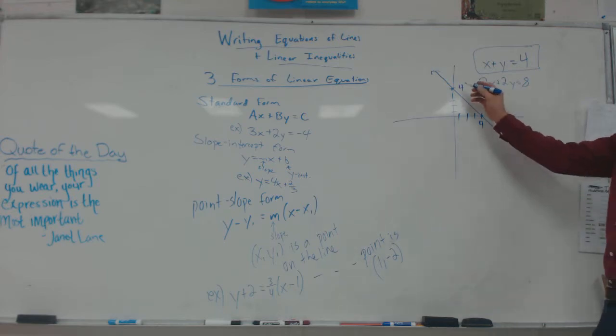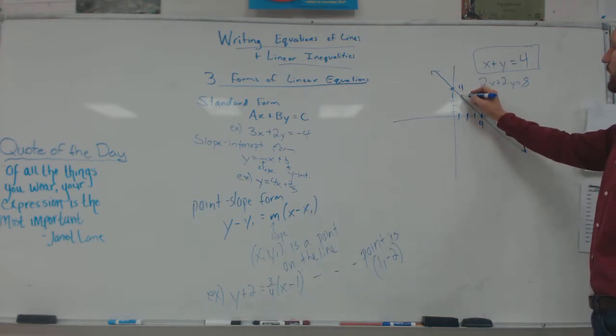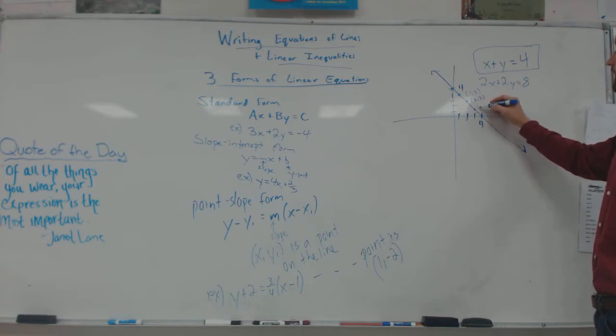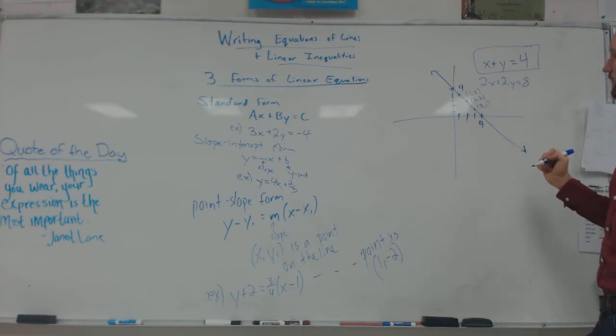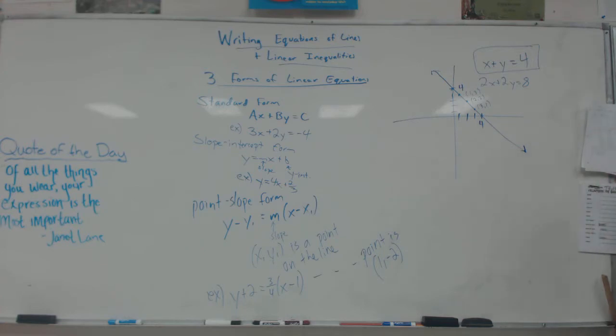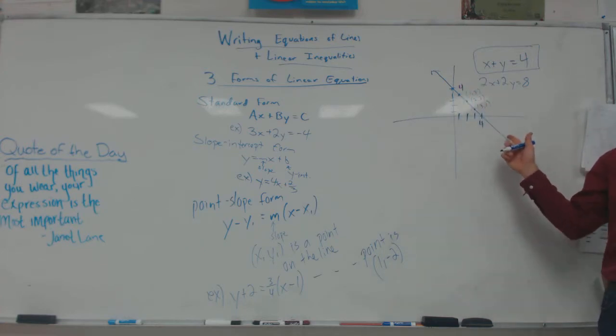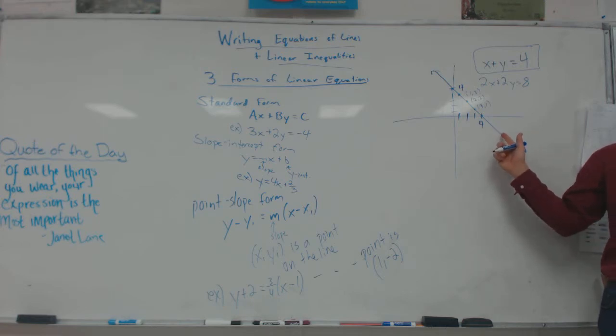Let's think about this. If it goes from 4 up here to 4 down here, it must have a point of 1, 3, 2, 2, and 3, 1 as well. Those would all be points on the line, if that helps you to think about it. So what would my slope-intercept form be of this line?